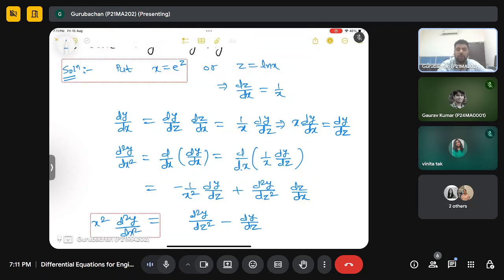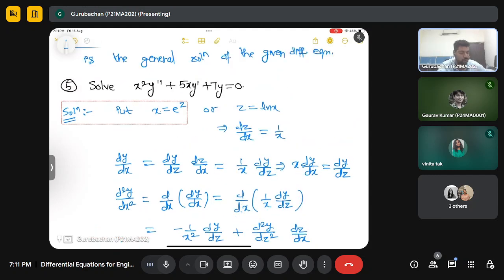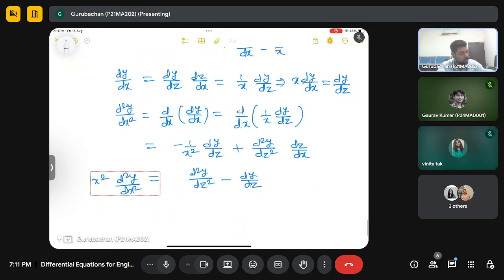So you know the value of x square d square y by dx square, and you know the x dy by dx. We have to put in the initial differential equation given. So it will be d2y by dz square minus dy by dz.